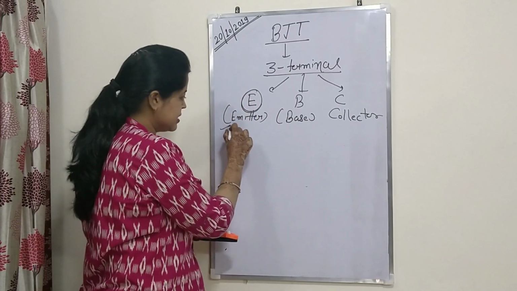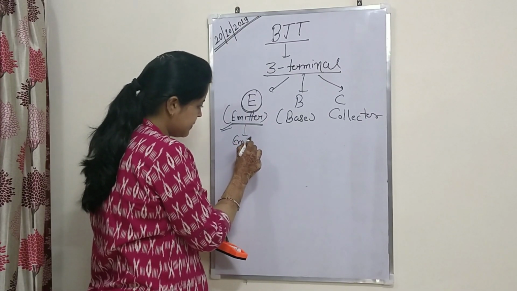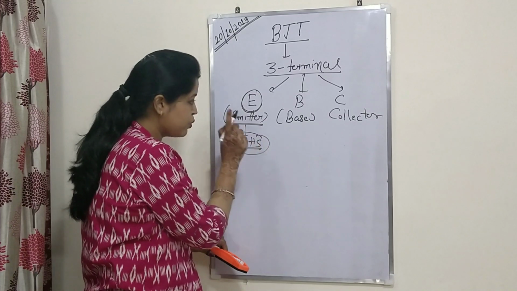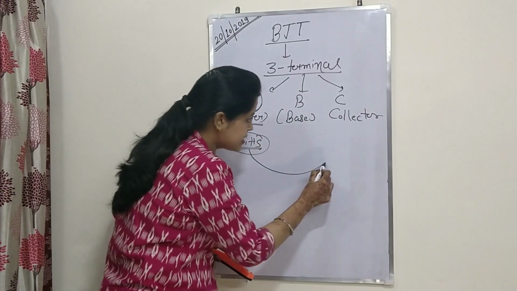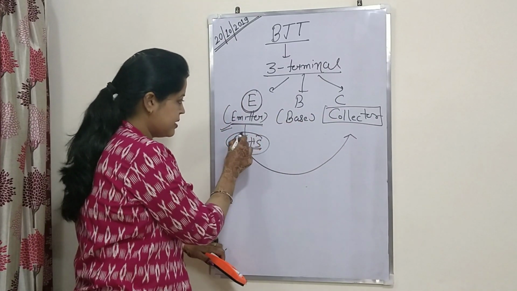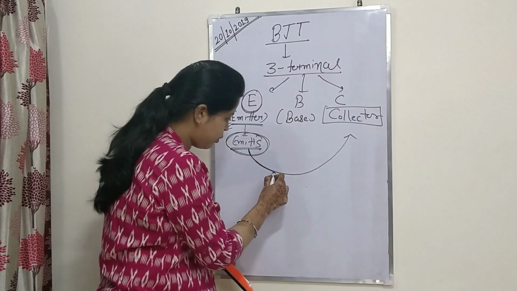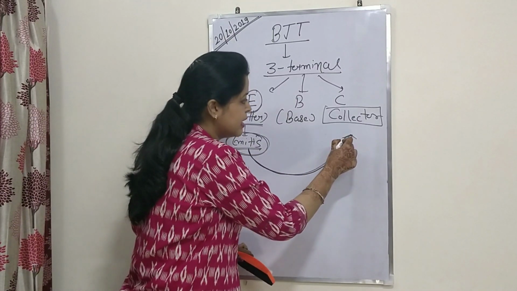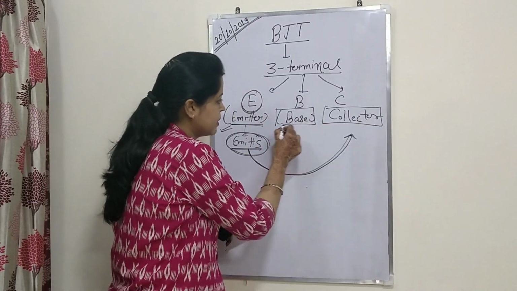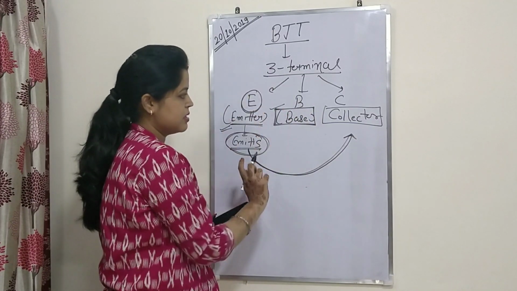As the name indicates, this particular terminal always emits the charge carrier, and these charge carriers start to flow from emitter and are collected at the collector terminal. All the charge carriers emitted by the emitter terminal start to flow from here, and the collector collects all these charge carriers, but base, this is the middle section or middle region, middle terminal of the transistor.